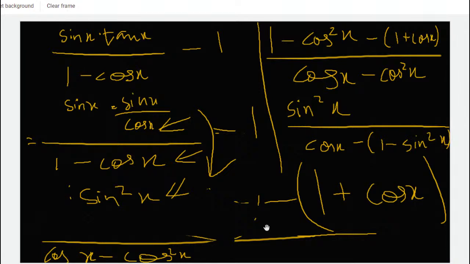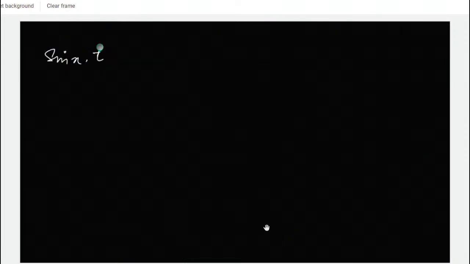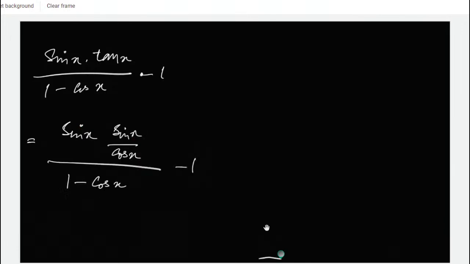Sir, I don't know what to do. Can you just do it? Over 1 minus cos x minus 1. So as you did it right, sin x times sin x over cos x, sin squared x over cos x into 1 minus cos x minus 1.